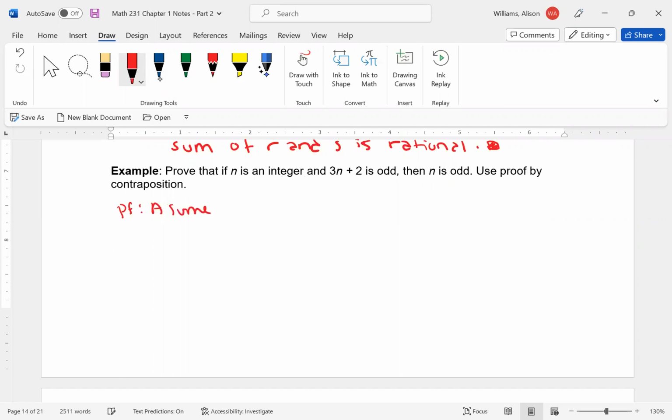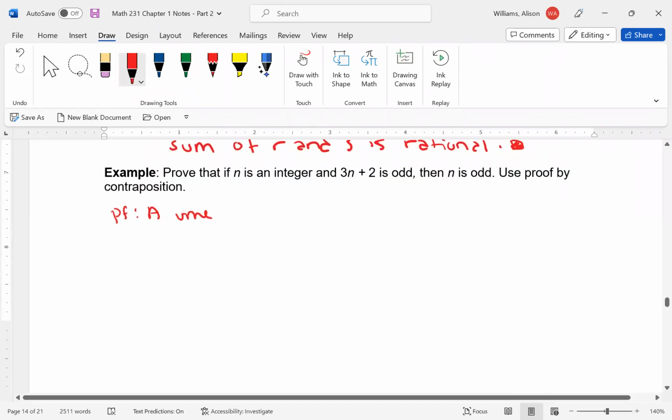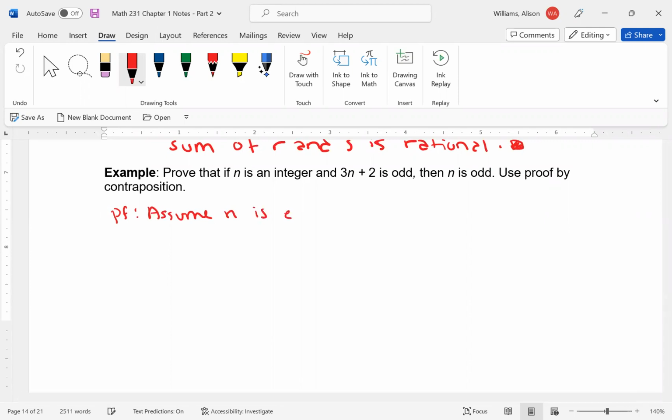Sorry, let me zoom in just a smidge. Assume n is even. Okay. Now we know how even numbers look.